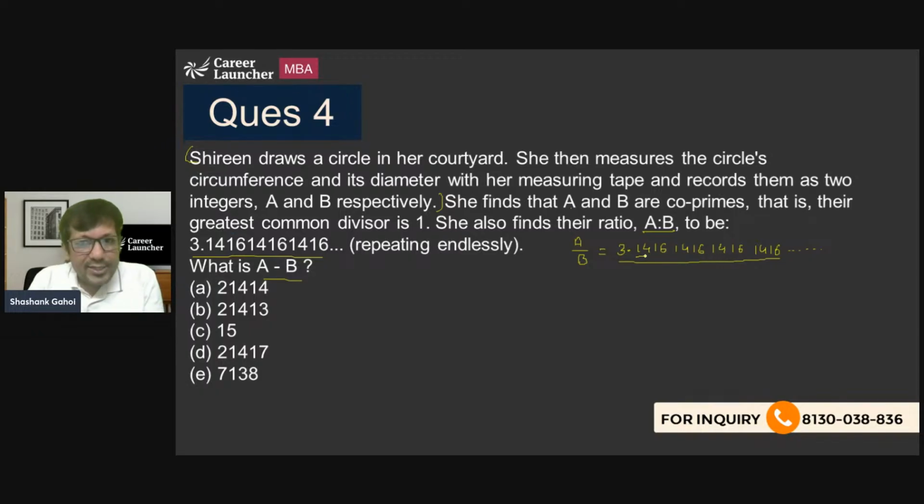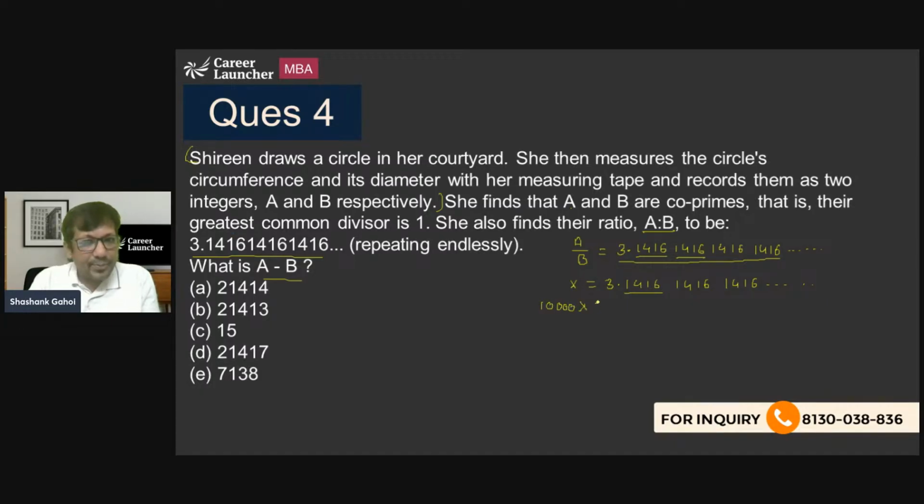Now, how many digits are repeating? 4 digits are repeating. So if 4 digits are repeating, how are we going to do it? I am going to assume x is equal to 3.141614161416 and so on.